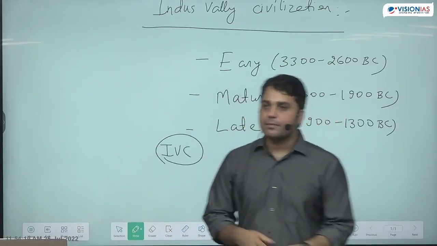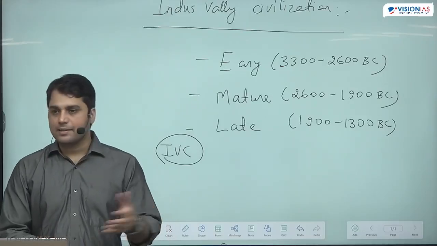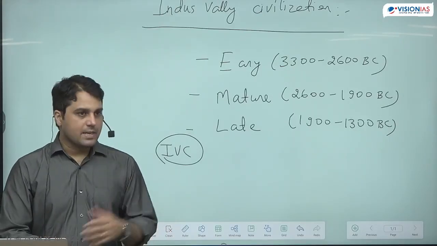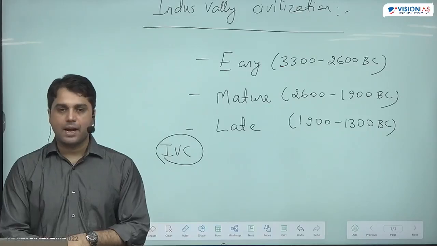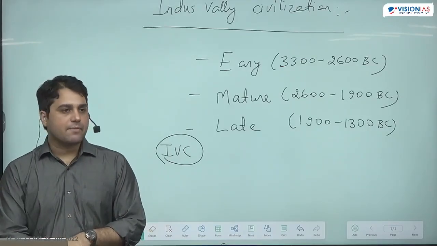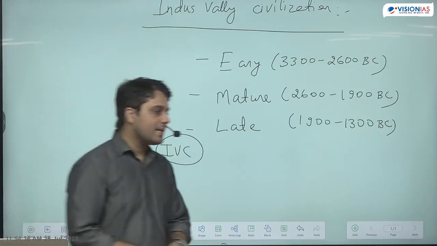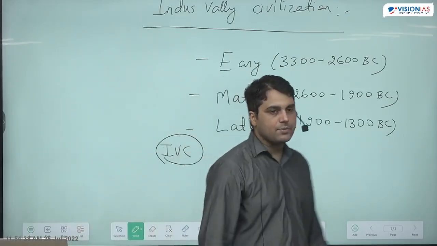But later with more and more discovery, only in the 1920s and 1930s by the Archaeological Survey of India, which was recently set up, and the first director, Alexander Cunningham, he basically announced that we have found a new civilization here. That happened in the 1920s, and after that a lot of excavation work occurred.